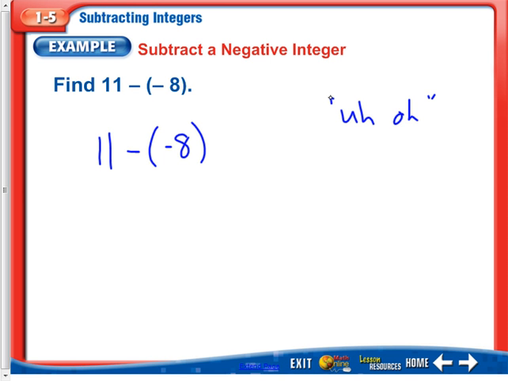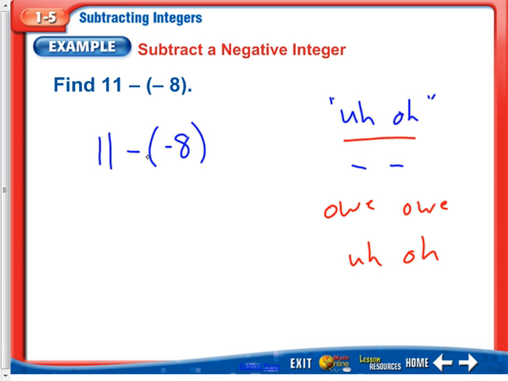Uh-oh means there's a problem. So whenever we see two negatives in a row, that means we have an uh-oh. Of course we are saying oh, but it sounds like we are saying uh-oh.